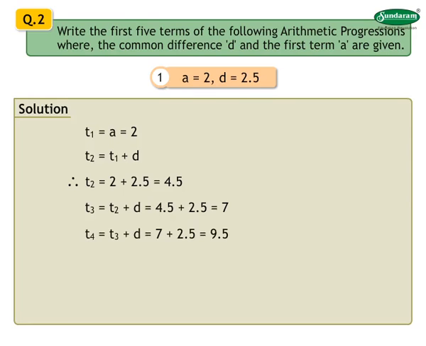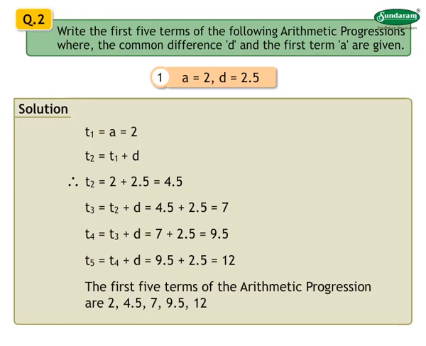T4 is equal to T3 plus D is equal to 7 plus 2.5 is equal to 9.5. T5 is equal to T4 plus D is equal to 9.5 plus 2.5 is equal to 12. The first 5 terms of the arithmetic progression are 2, 4.5, 7, 9.5 and 12.